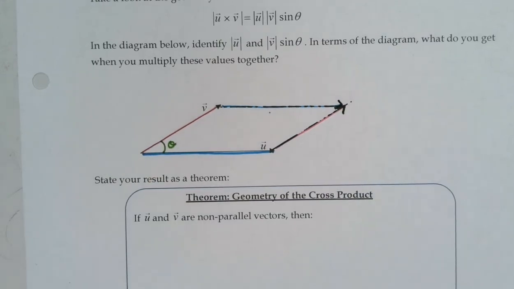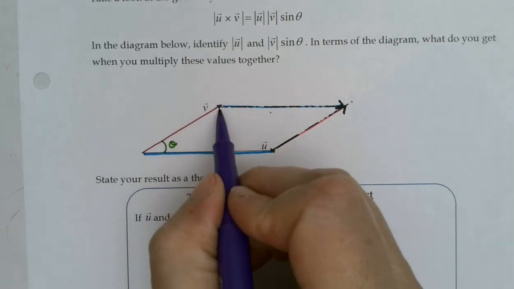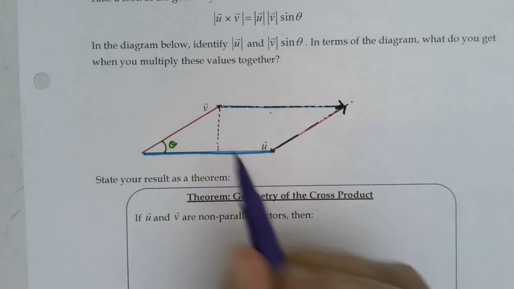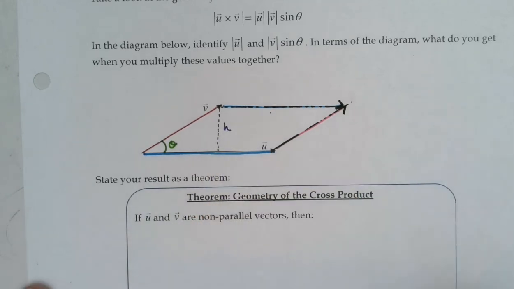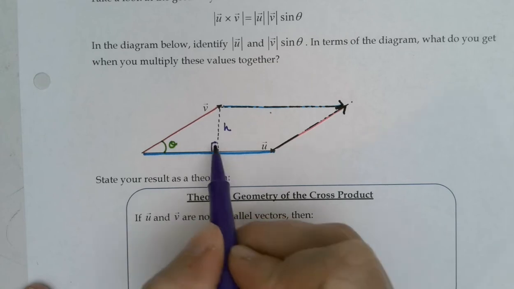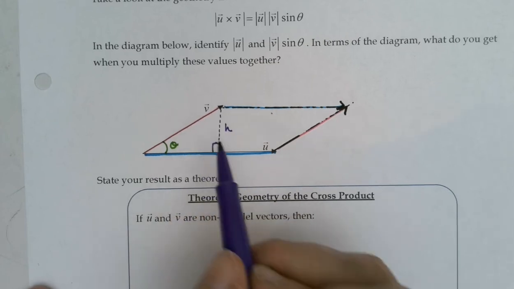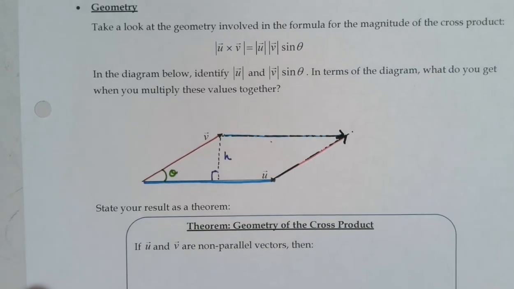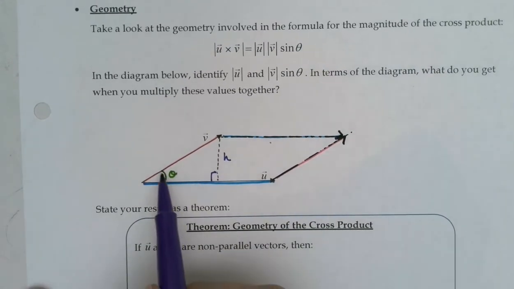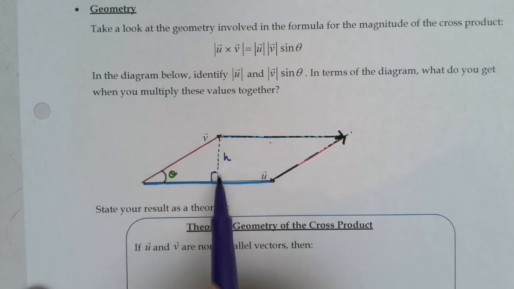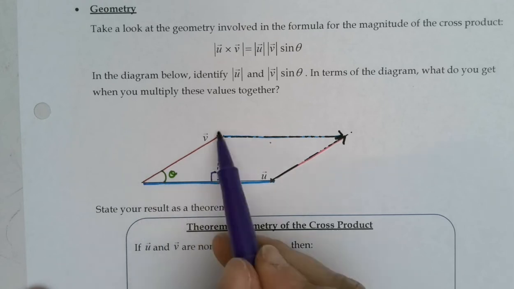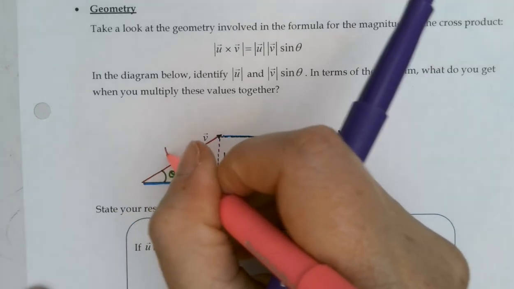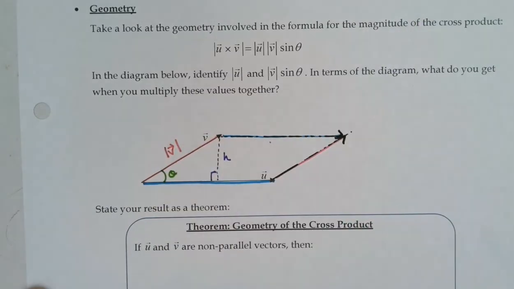Okay, so if I was going to drop a projection of v onto u like that, that would get us our height, h, right? Because there's a little right triangle in here. So the height of that parallelogram, which is what we learned how to call it in geometry class eons ago. All right, so when we think about this, the sine of theta is equal to the height, the opposite, over the hypotenuse. Well, the hypotenuse is the magnitude of the v vector, right?